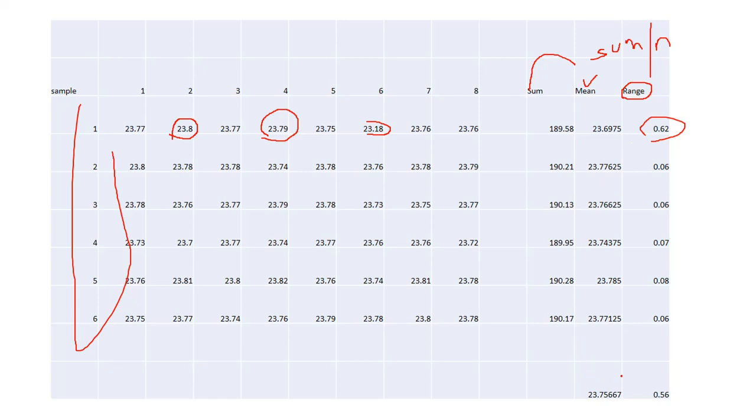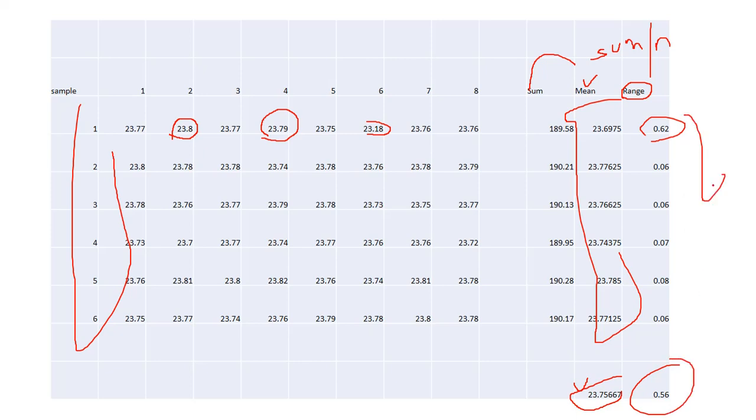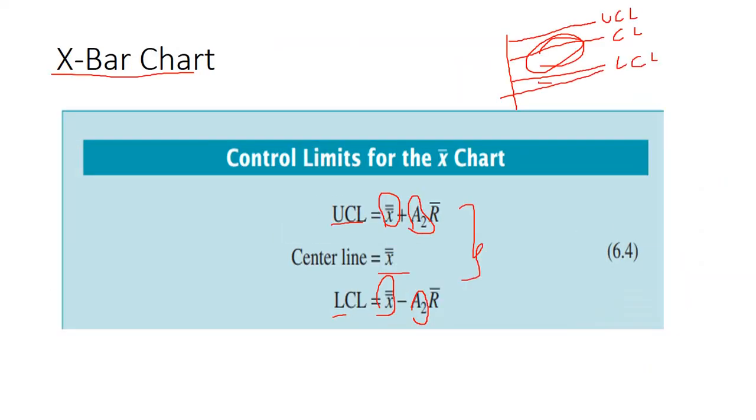This is X double bar: when you add all the means and divide by 6, you get X double bar. Range also is the same: add up all the ranges and divide by 6. Now you have all the values. You already have X double bar, and the R bar value also you found.